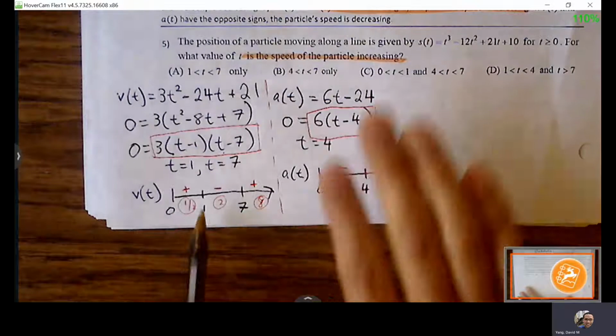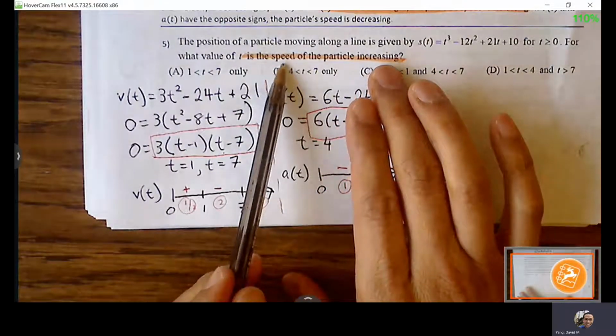Okay, we want to see where the signs are the same, right?